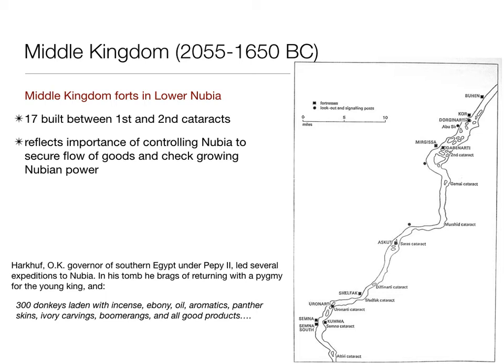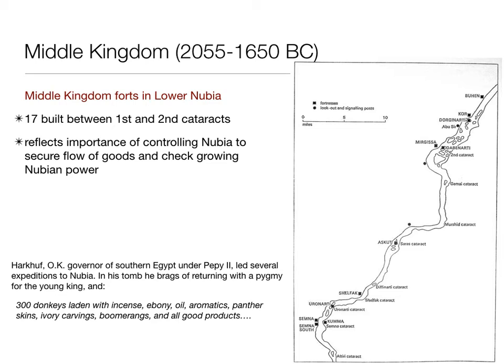So another aspect of the Middle Kingdom, once Egypt is reunified in the 11th dynasty, is that you see the state starting to reassert its power over local trading partners and access to resources, and reasserting its old dominion.